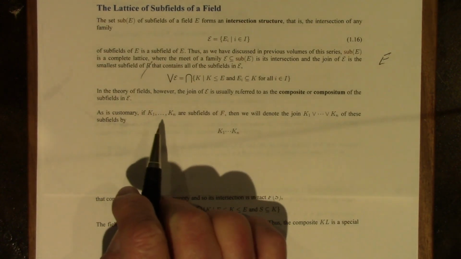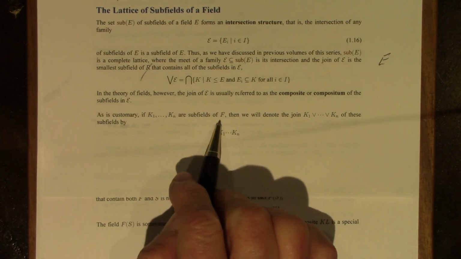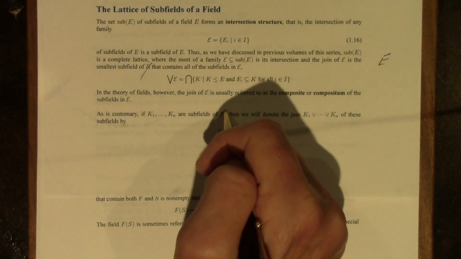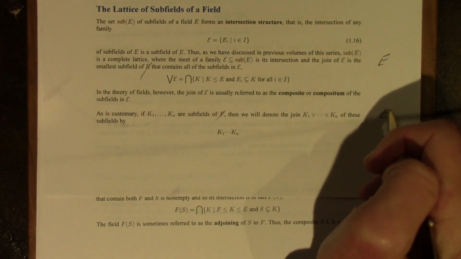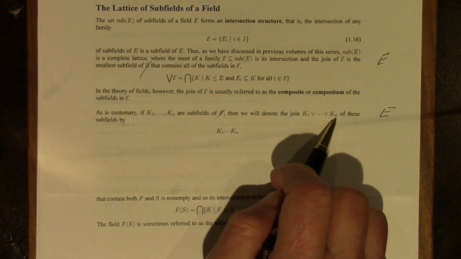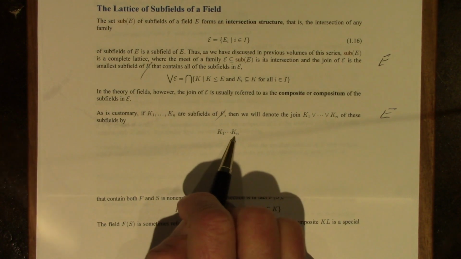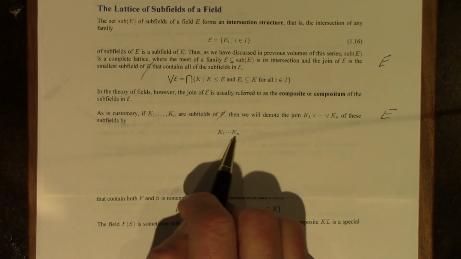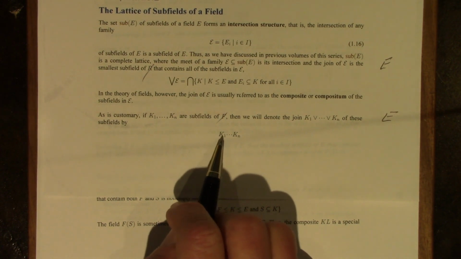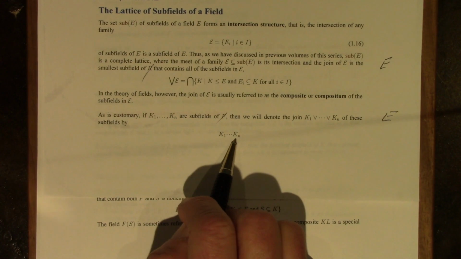And also, as is customary, if we have a finite number of subfields of a field, I think I'll change this to E as well, then we'll denote the join, which could be denoted this way, simply as a product. So this signifies the smallest subfield containing each of these subfields.